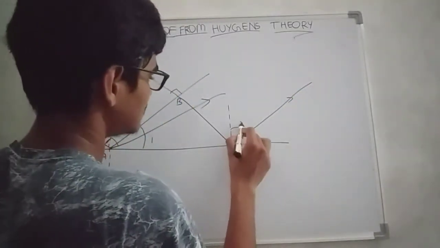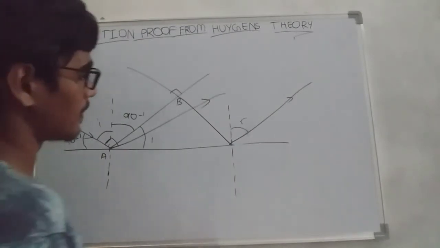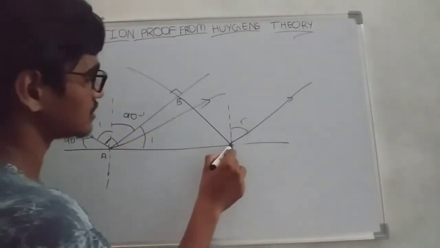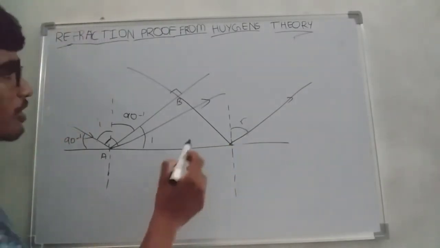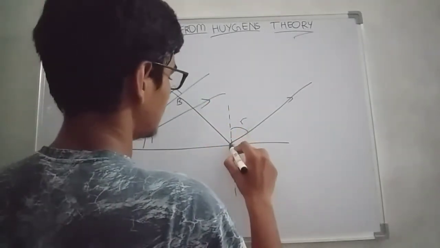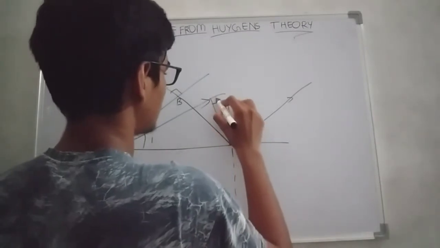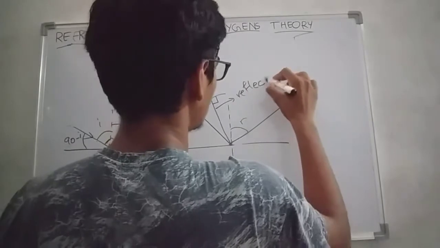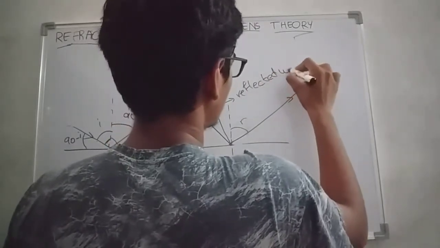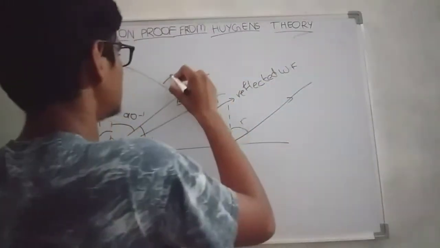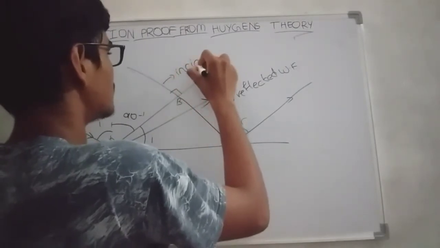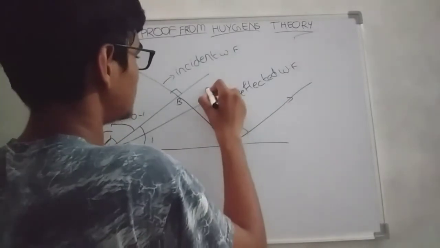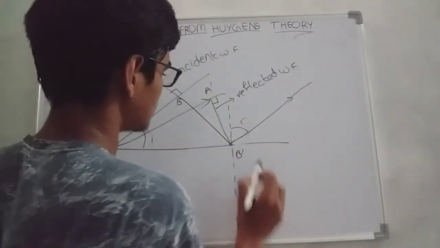Here this angle is equal to R. These two rays are reflected rays, so by joining these we get a reflected wavefront. This is the reflected wavefront, and this is the incident wavefront. Name these as A dash and B dash.